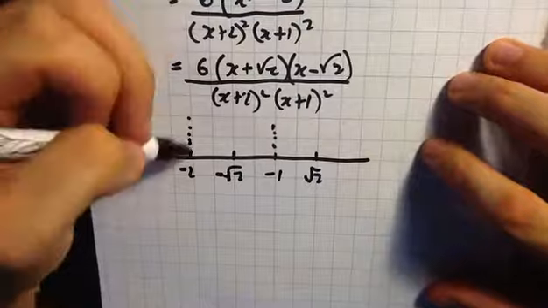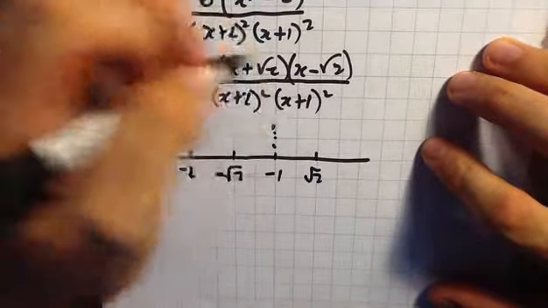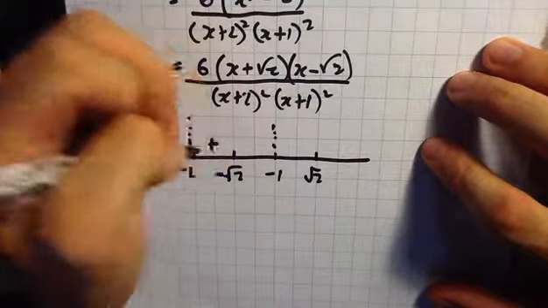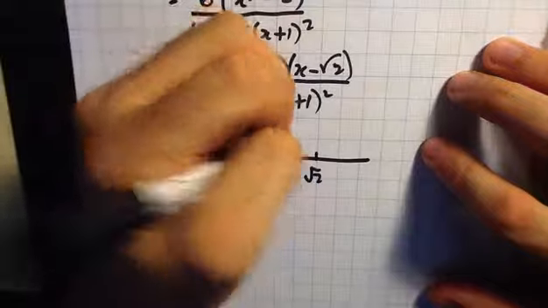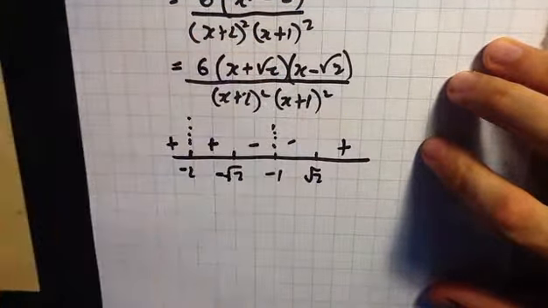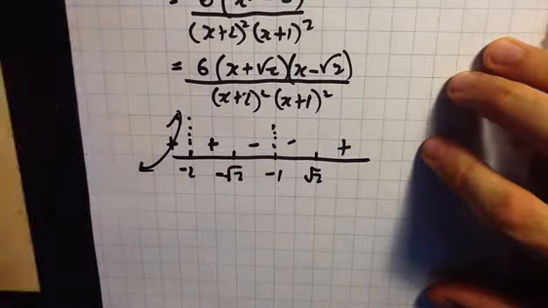Now you sub in different values in between these critical values to find out whether you get a positive or negative answer. I sub them in and I get a positive answer, a negative answer, and a positive answer. So the function is increasing, increasing, decreasing, decreasing, increasing. That looks like this. It's increasing this side of the asymptote.